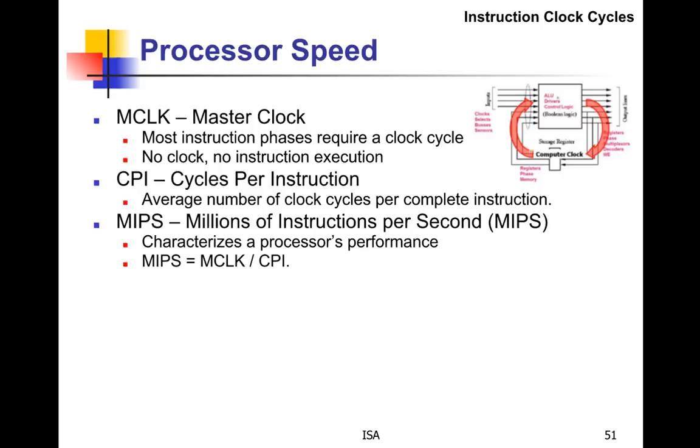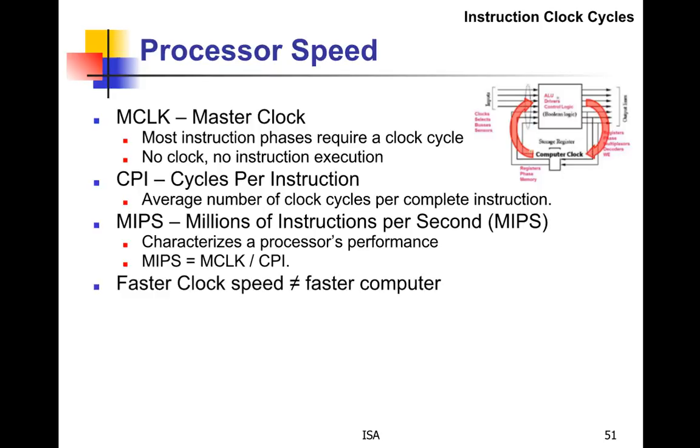M clock is cycles per second, and then cycles per instruction, then you get instructions per second. And if M clock is in megahertz, then it's megahertz divided by cycles per instruction. So let's look at that.